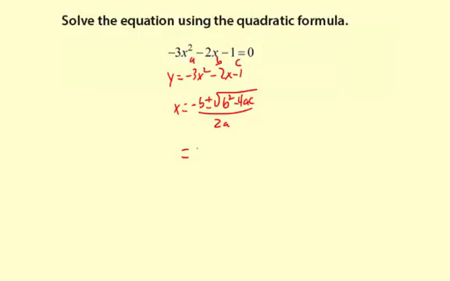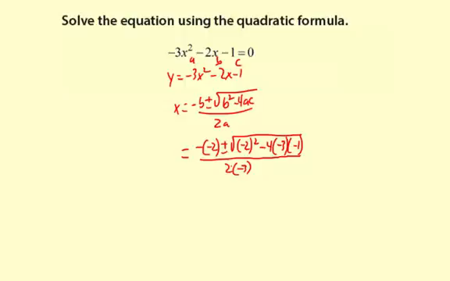So negative b is the negative of negative 2, plus or minus the square root of b squared, which is negative 2 squared, minus 4 times negative 3 times negative 1, all over 2 times negative 3.